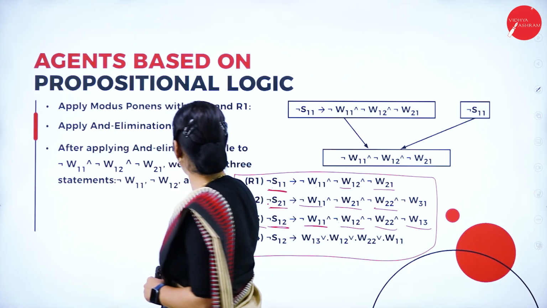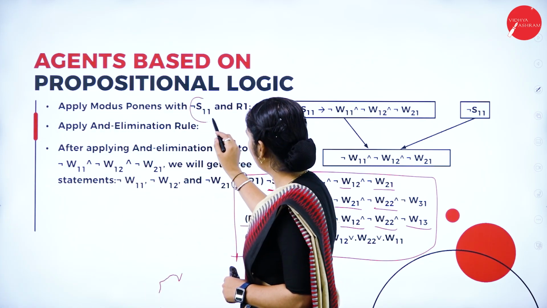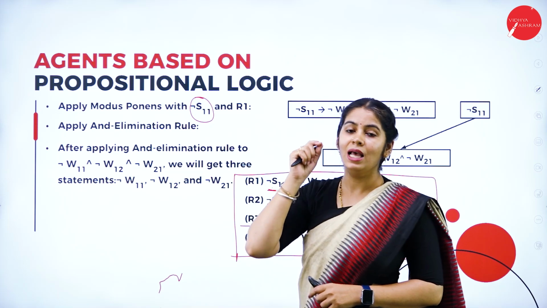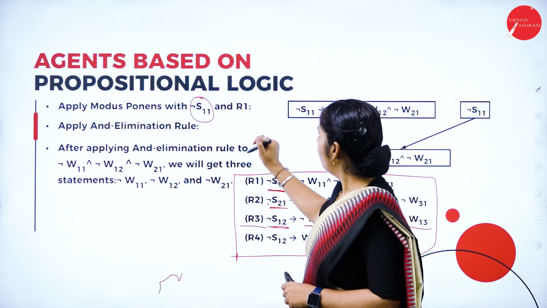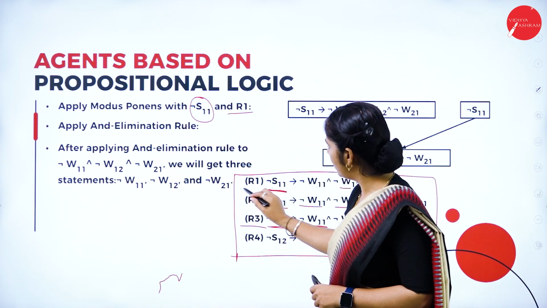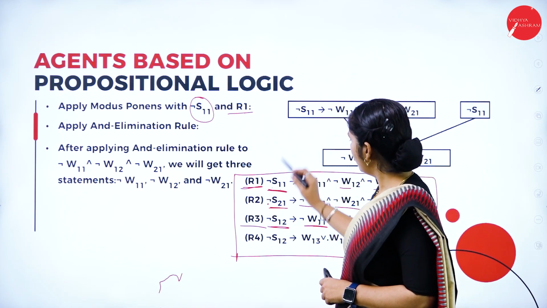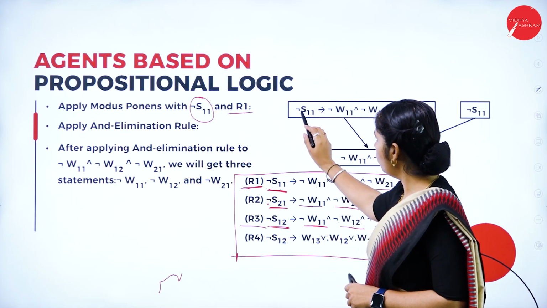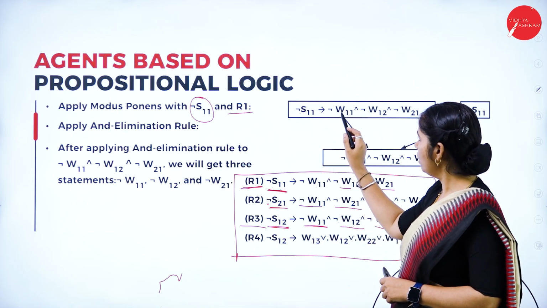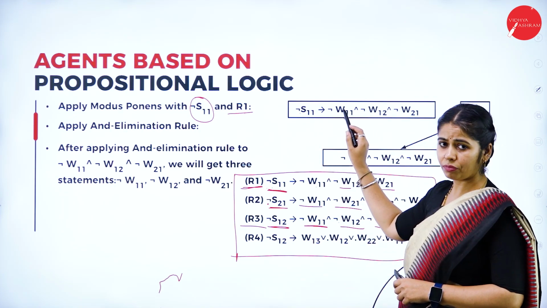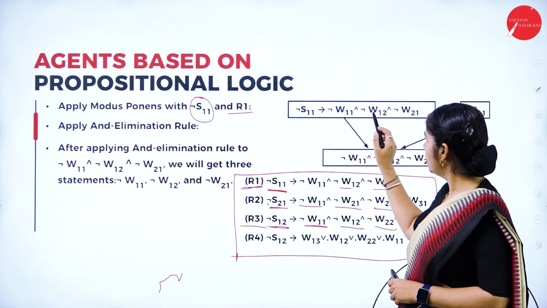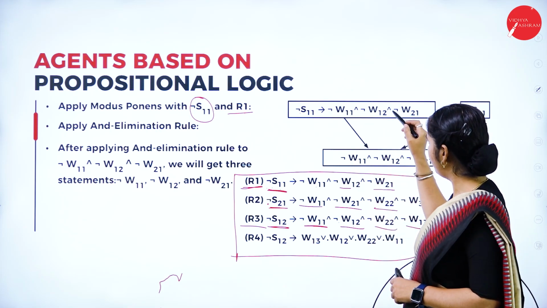Applying the modus ponens with the S1, that is no stench in 1,1, with the R1. What is R1? This is the axiom we have provided for R1. So R1 is equal to negation of S11, which implies negation of W11 and negation of W12 and negation of W21.